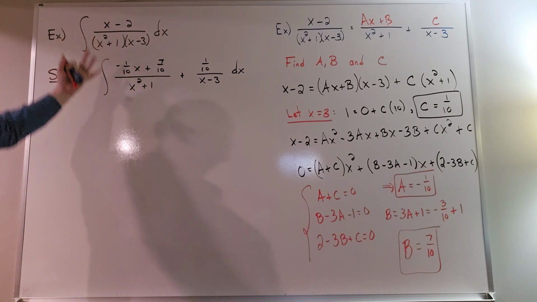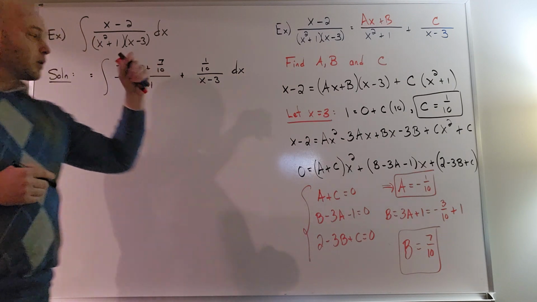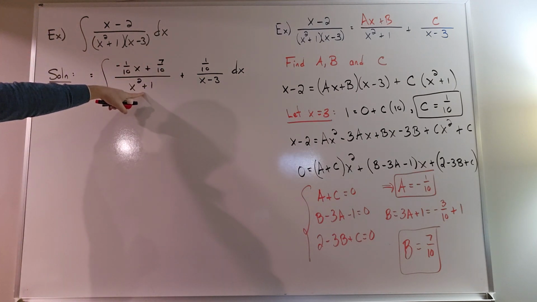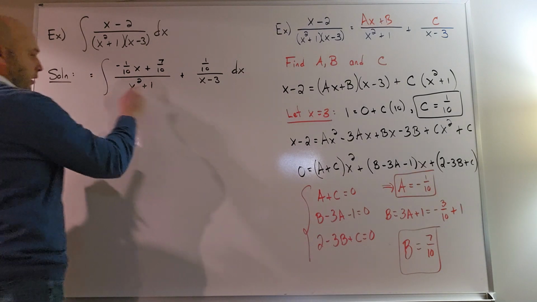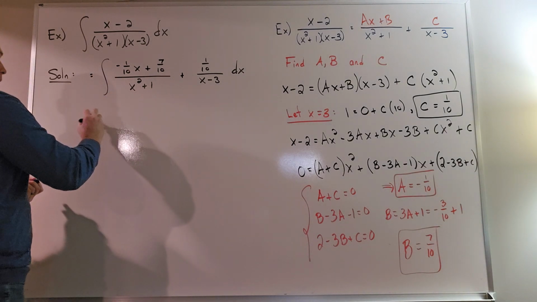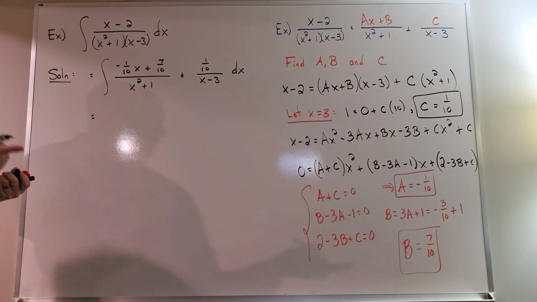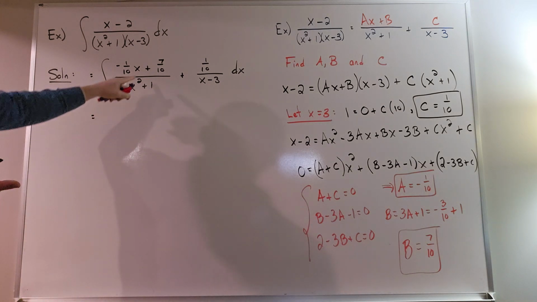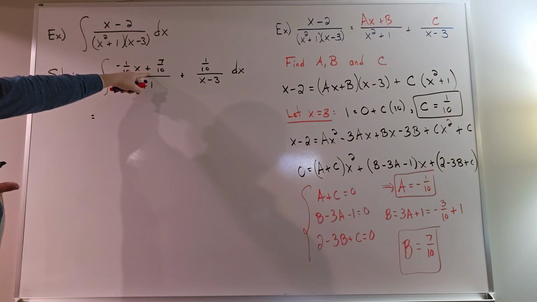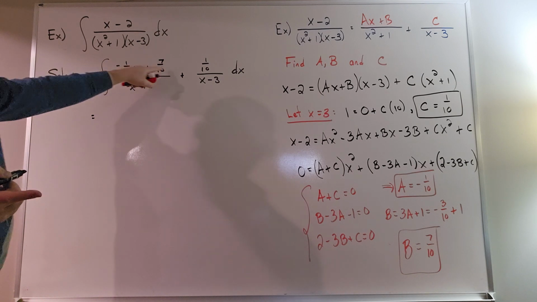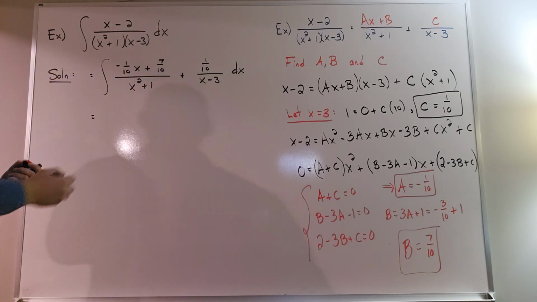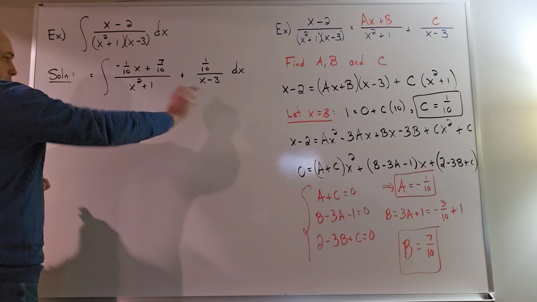All right, now our task is to integrate this. For this first term, let me separate the fraction, giving me the following. And I'm going to do 2 things. I'm going to separate the fraction. I'm also going to take these constants and pull them outside the integral. So I'm going to write this as 3 integrals.